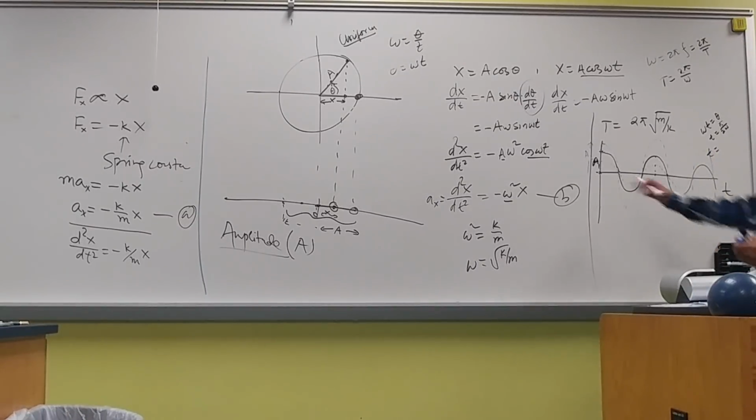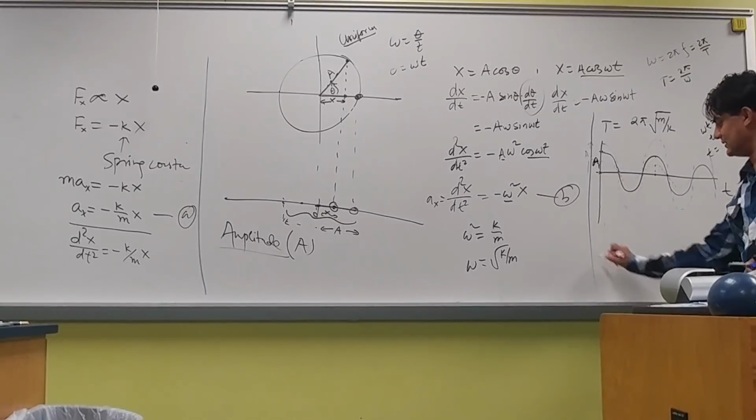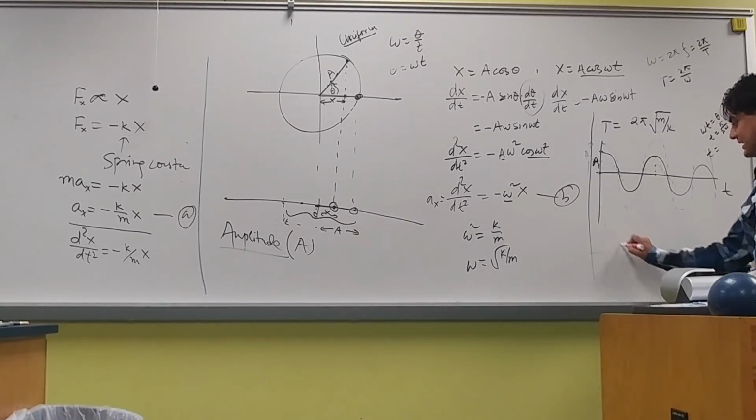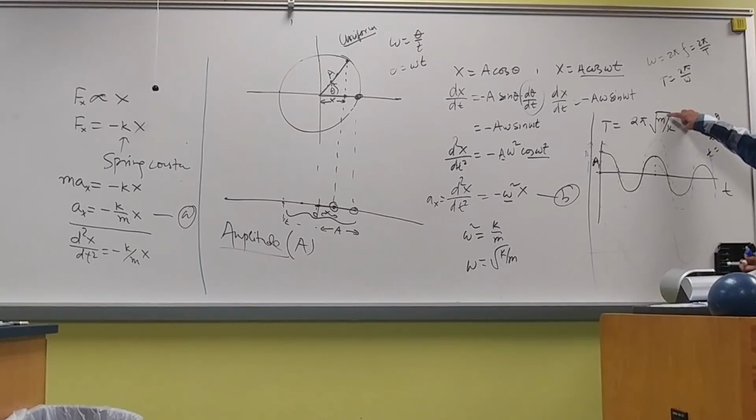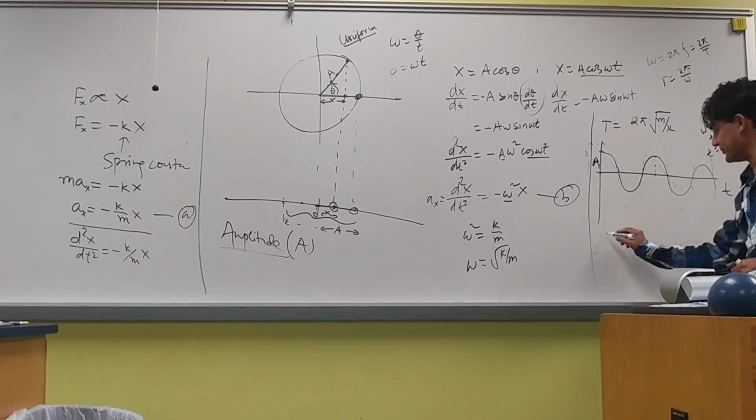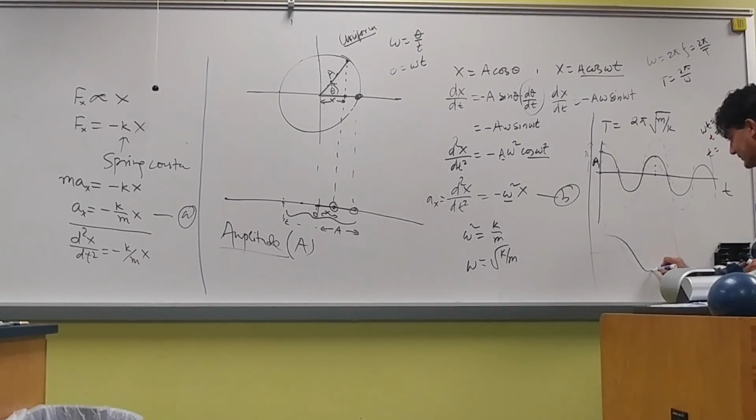I don't want to mess up the whole graph, but if your graph is like this and you increase your mass, your time period increases. The graph will be something like this.